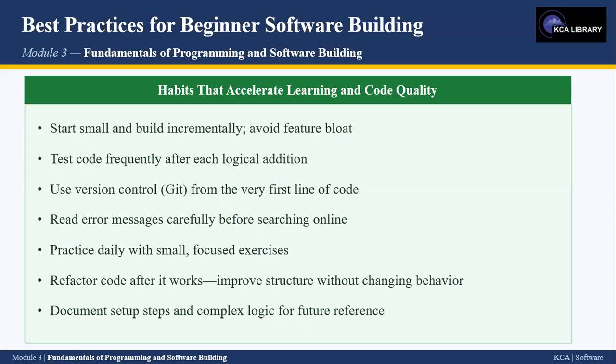Adhere to language-specific style guides. Always write code that your future self or a teammate will actually be able to understand six months from now. Document setup steps and complex logic for future reference.